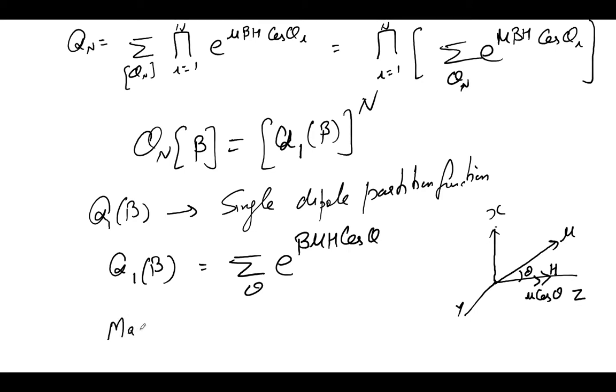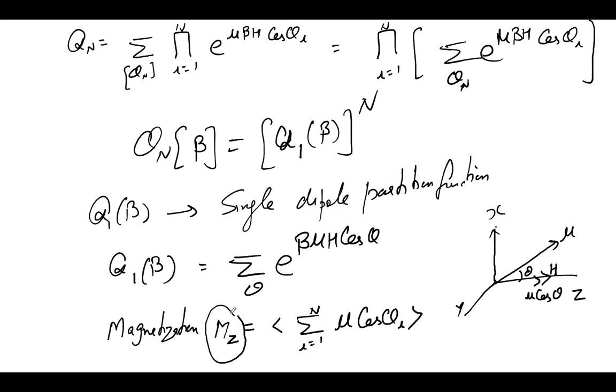This magnetization, which is parallel along the direction of the z-axis, is known as the magnetization value of the magnetic dipole system. We generally represent it as Mz, that is the summation of i from 1 to n of mu cos theta i. So this Mz we can find out, and from that we can find out various thermodynamic quantities.